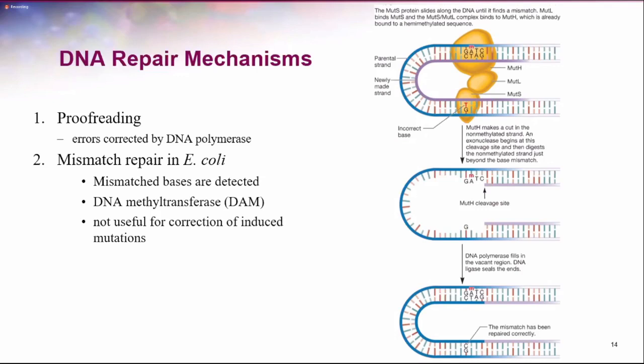So mutational analysis requires that cells lack this particular mechanism, and also sometimes introducing new pieces of DNA requires that this DAM mechanism be absent as well, because bacteria use this methylated state as a means to know what's theirs and what's not theirs.